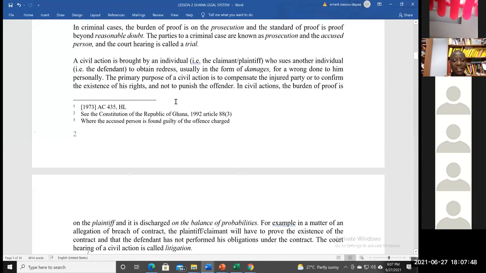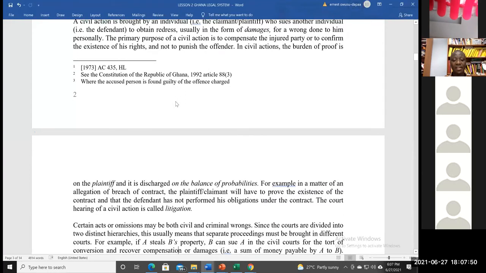As we have indicated here, the plaintiff has a responsibility to establish the liability of the defendant on a preponderance of probabilities, or if you look at the old literature, we say on the balance of probabilities, as it were.